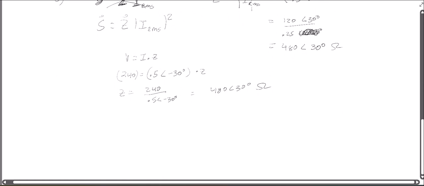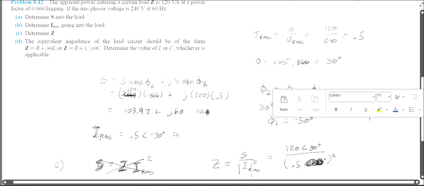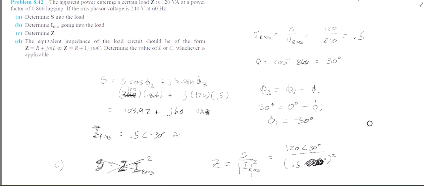Okay, D. The equivalent impedance of the load circuit should be of the form R plus J omega L, or Z equals R plus 1 over J omega C, or R plus minus J over omega C is the way we usually write that.